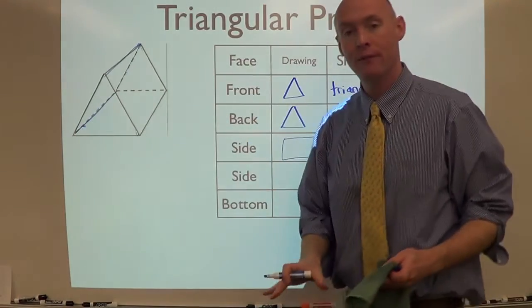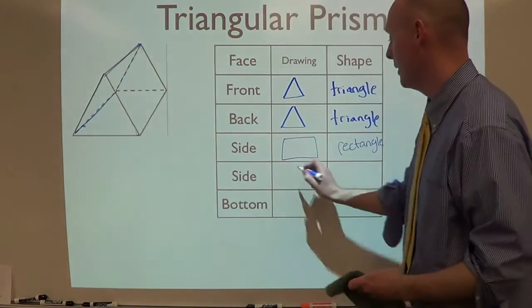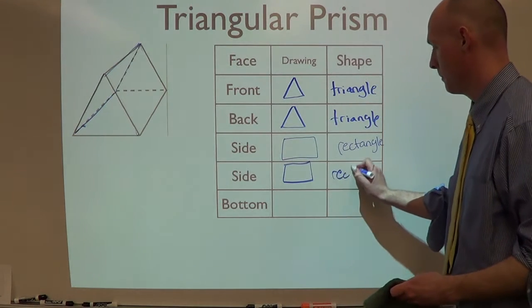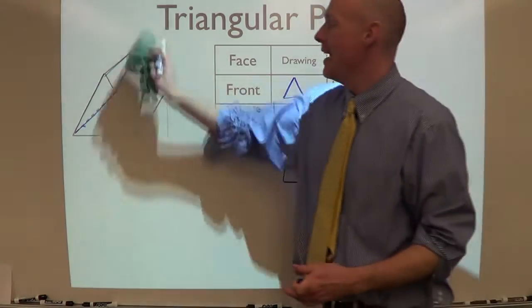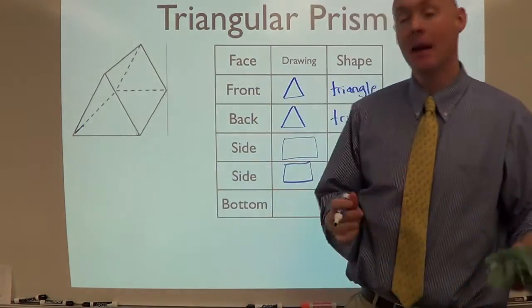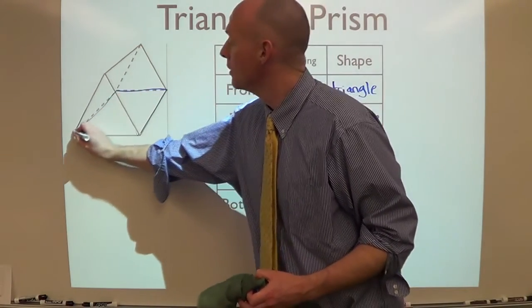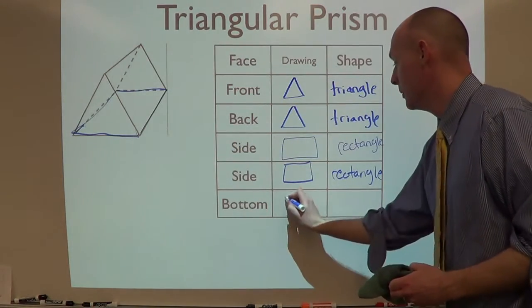It kind of comes off looking funky, but if you could imagine, if you were looking at it from this way, it would also be a rectangle. Okay. And the last is the bottom of it. And the bottom is this section right here, which is also a rectangle.